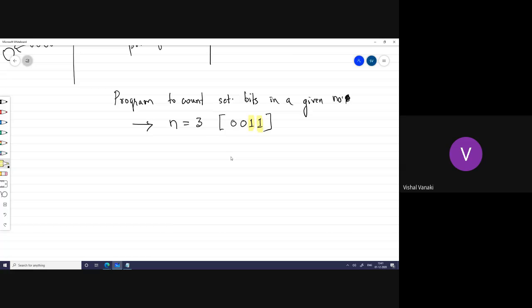So how to count the number of set bits in a given integer number? The input will be an integer number, not binary. If I give n is equal to 7, the output should be 3. For this one, the output should be 2.